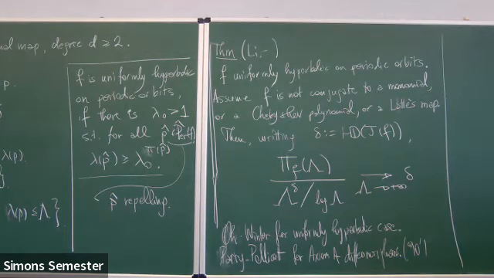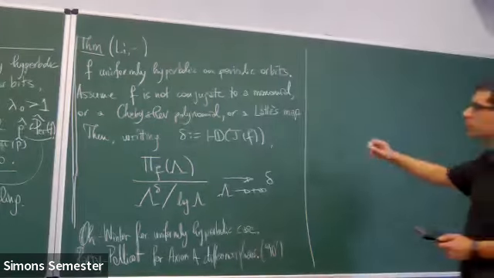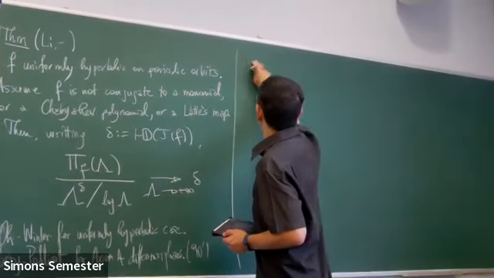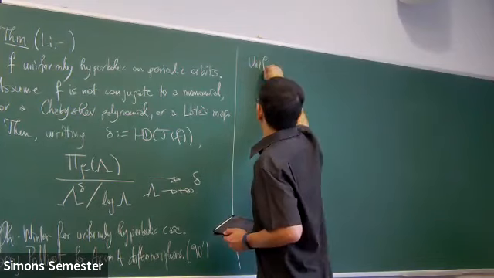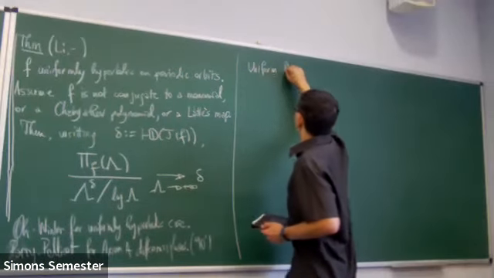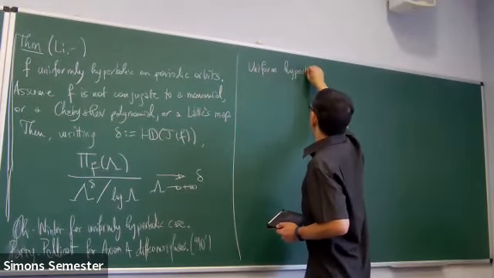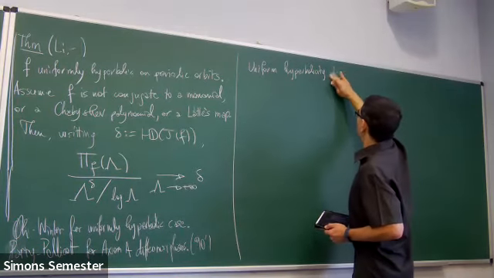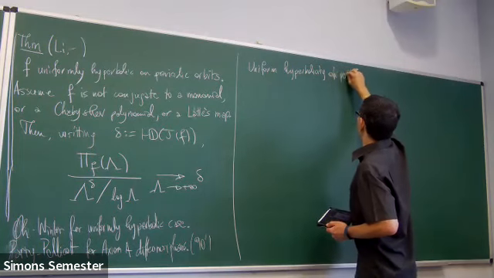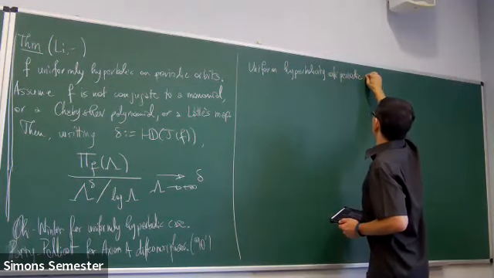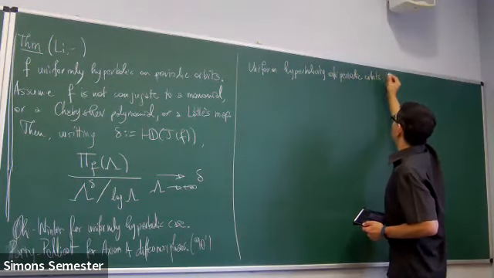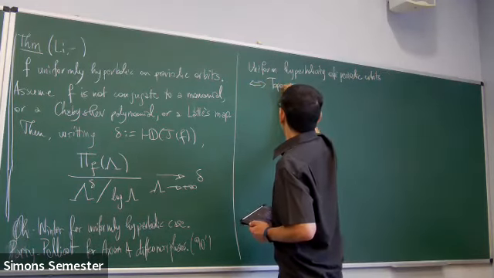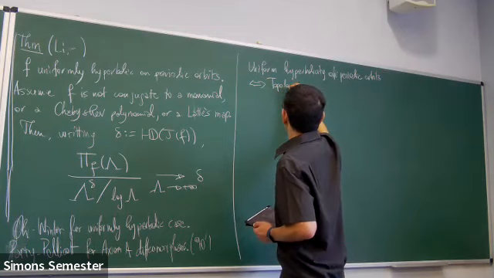In the case of, well, this is equivalent to the uniform hyperbolicity on the periodic orbits. That's equivalent to the topological Collet-Eckmann condition introduced by Przytycki and Rivera-Letelier.